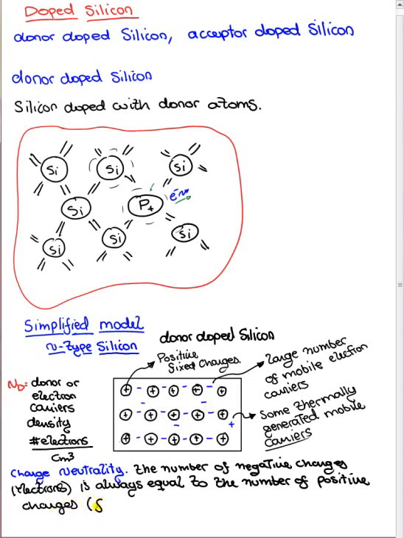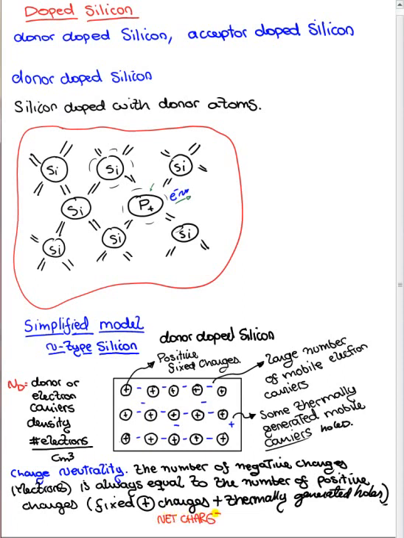In this case, these are the fixed positive charges plus any thermally generated holes. And these are holes, remember this. Right? And so as an important thing, this means that net charge is equal to 0, which is what we want.